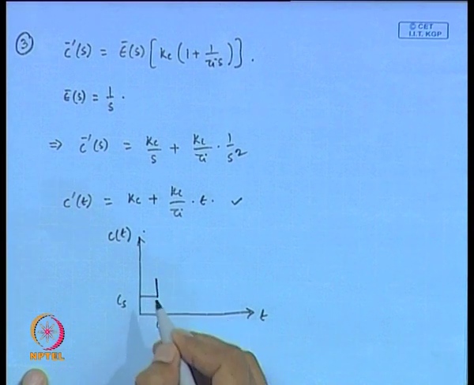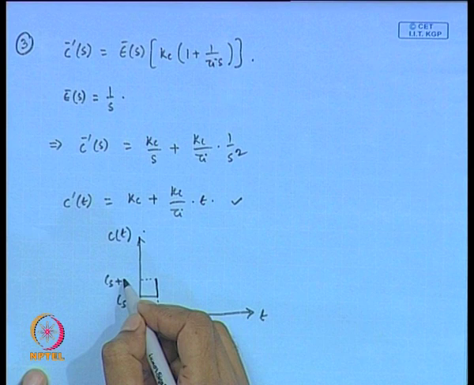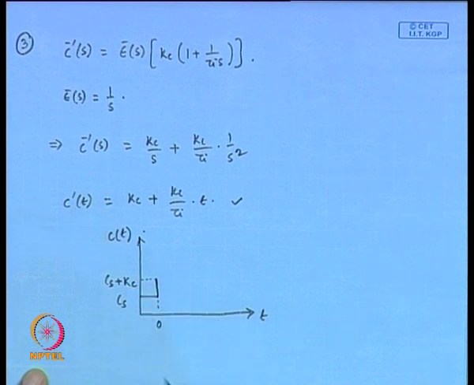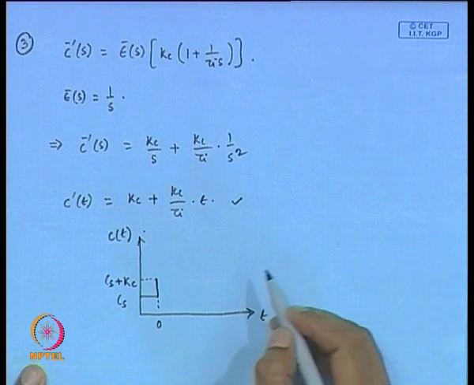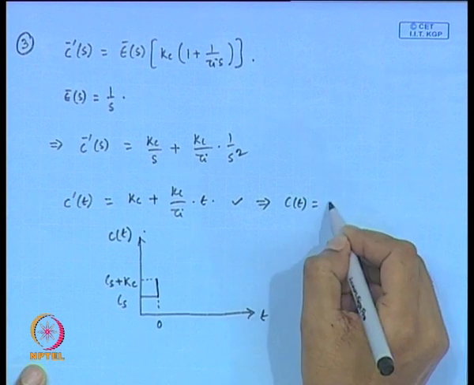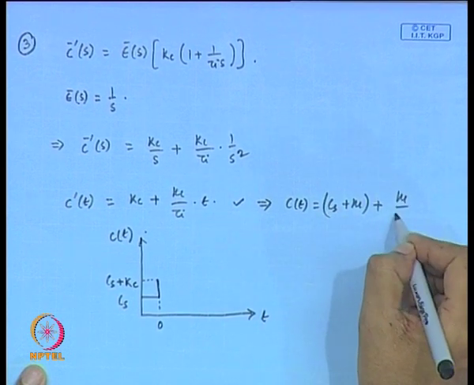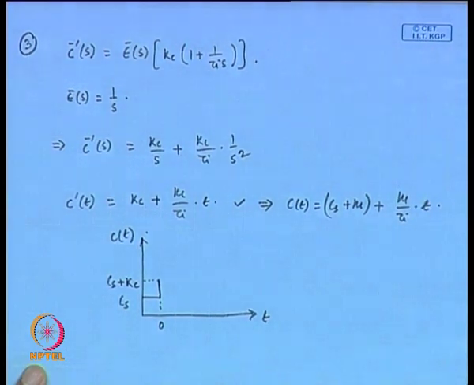Accordingly, the controller output becomes Cs plus Kc. Fine. So, Cs plus Kc we can obtain from Cs plus Kc plus Kc divided by tau I into t.